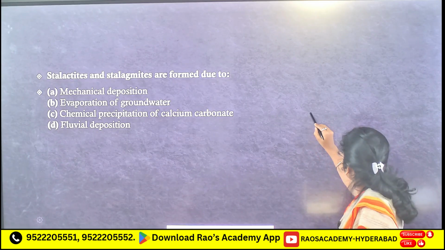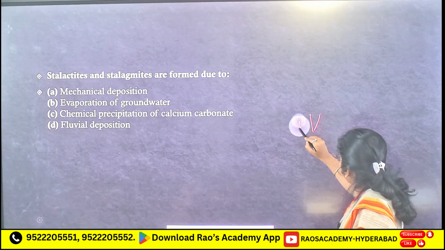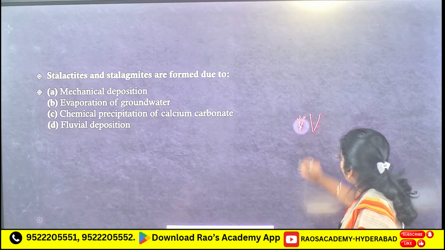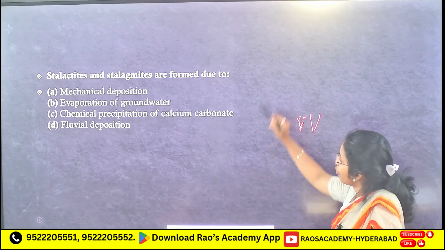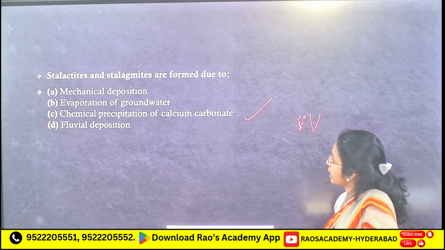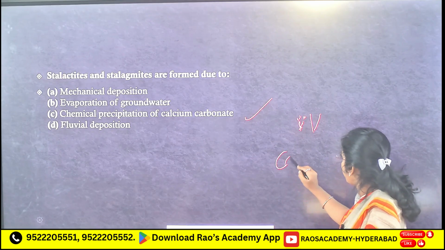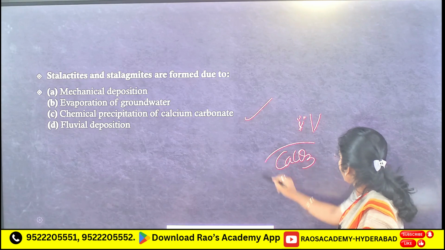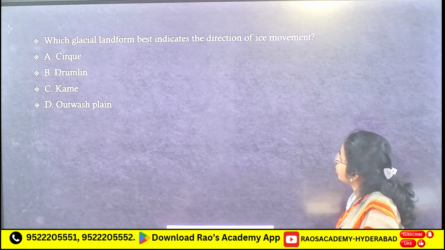When the calcium carbonate chemically precipitates, through dripping, you will see formation of stalagmites and stalactites. Chemical precipitation of calcium carbonate. You have to remember calcium carbonate in karst topography, not fluvial deposition.